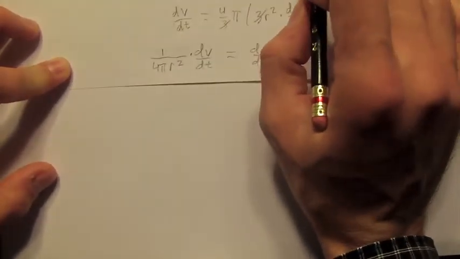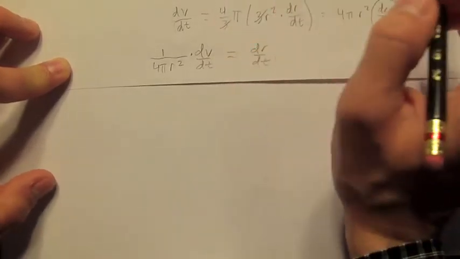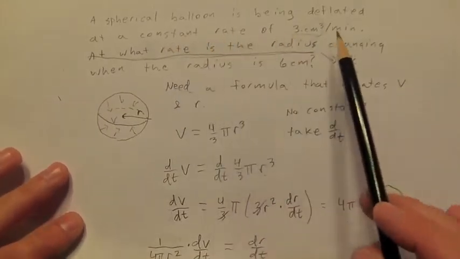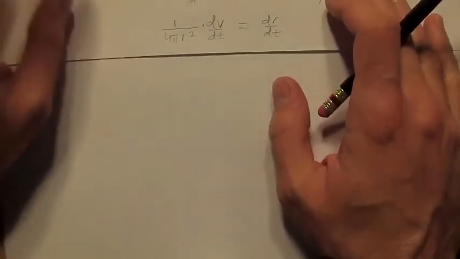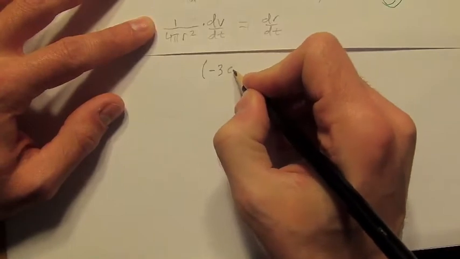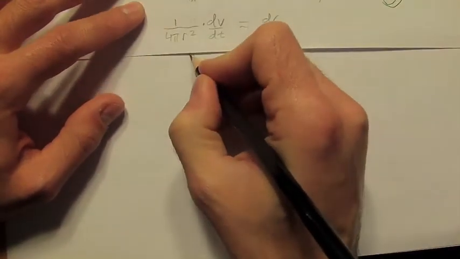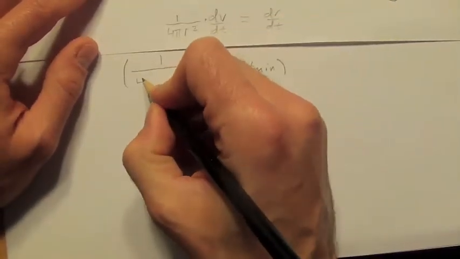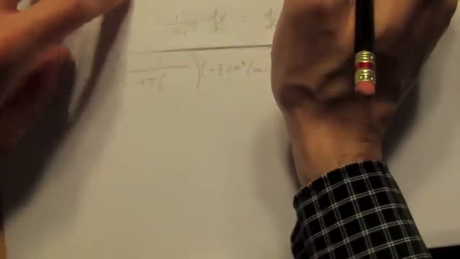So I know that the spherical balloon is being deflated at a constant rate of 3 cubic centimeters. You don't see that, let me bring that back up. Constant rate of 3 cubic centimeters. Now, if it's being deflated, that means I need to put in a negative 3 cubic centimeters per minute. Then I'll have 1 over 4 pi, and this will be the radius.